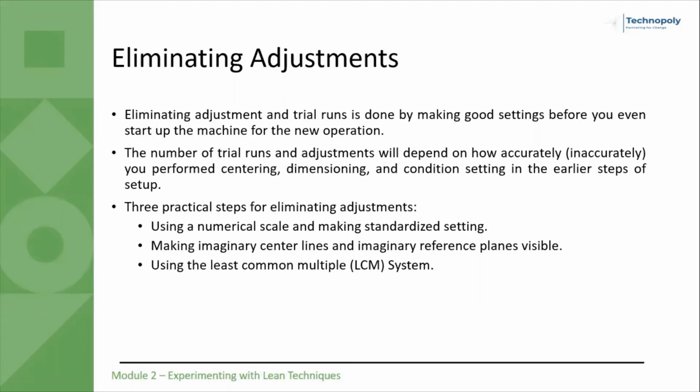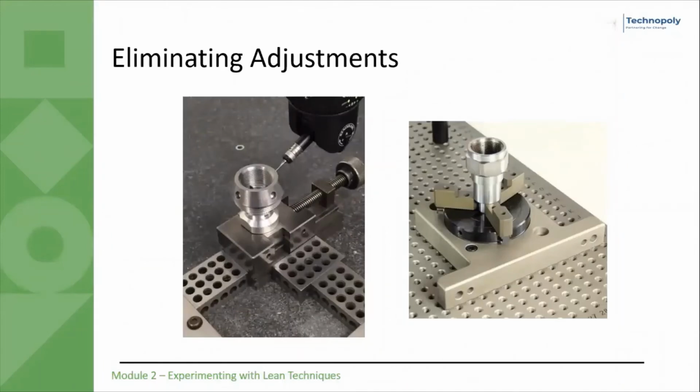We can eliminate these adjustments by using numerical scales and making standardized settings, making imaginary center lines and imaginary reference planes visible, and using the least common multiple system. Eliminating adjustments requires operators to rely less on intuition and more on constant numerical values for machine settings.